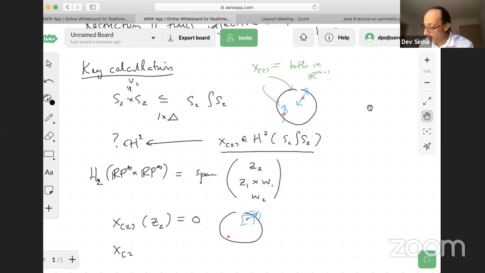Whereas this x2, if I evaluate it on the class z1 cross w1, that means now I'm allowing my antipodal points to vary, so here they varied over all S2. Now these are just going to vary over S1.